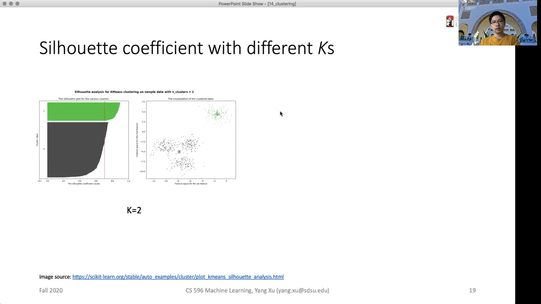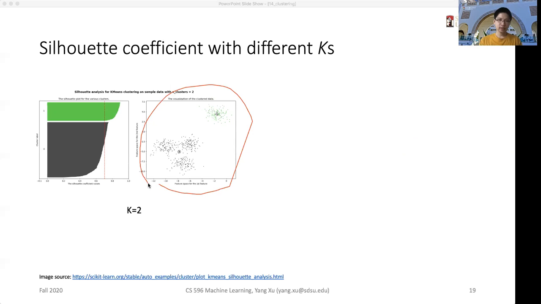Say, given these patterns, the data points on the right here, we have basically one, two, three, four clusters. Say we let k be 2, and after we run the k-means algorithm, we will have two clusters, and the silhouette coefficients can be found here.